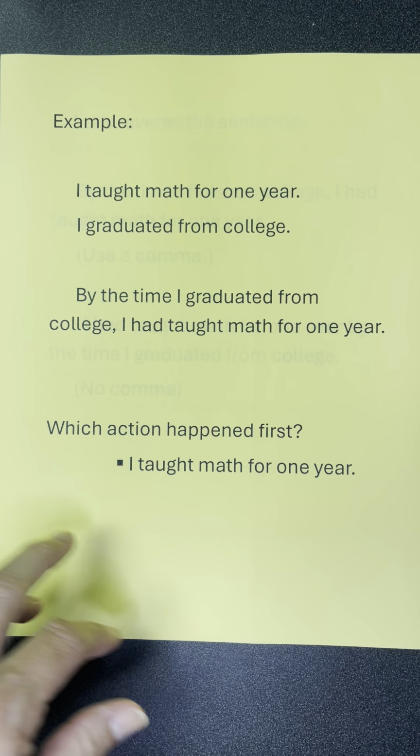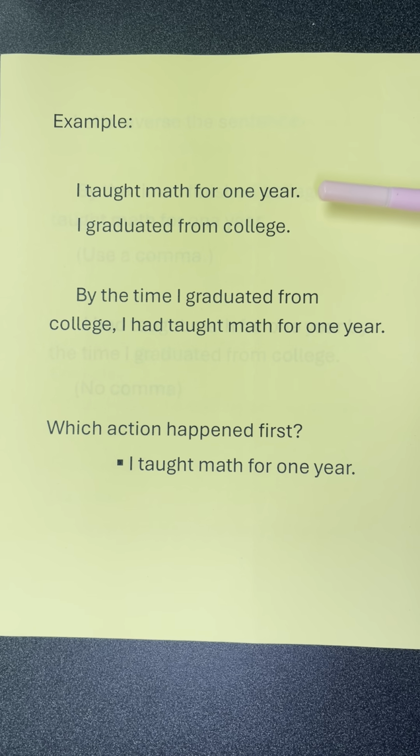Okay, and here is another example. I taught math for 1 year. I graduated from college. Now let's form one sentence from these two sentences. By the time I graduated from college, I had taught math for 1 year.